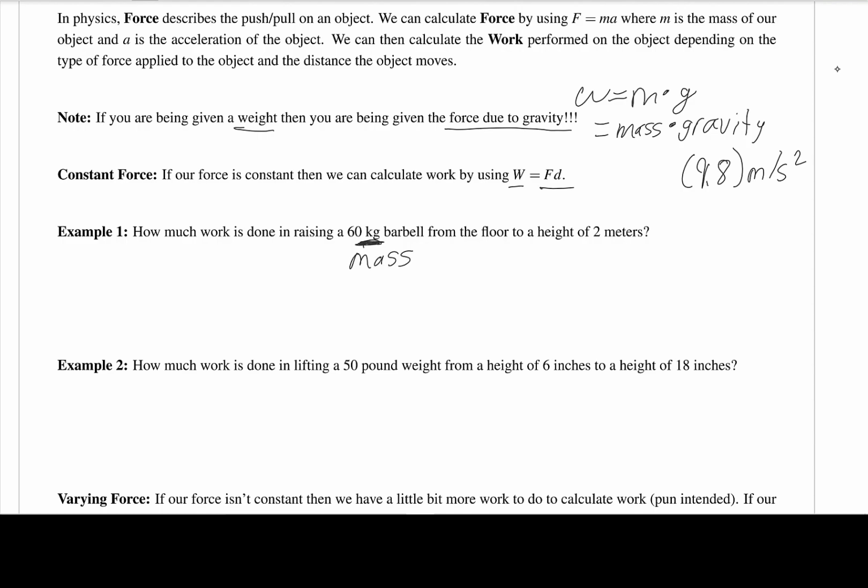That means to get my force is going to be my mass, which is 60, times acceleration, which is gravity, which is 9.8. And then we will multiply by 2 to get our work, right?